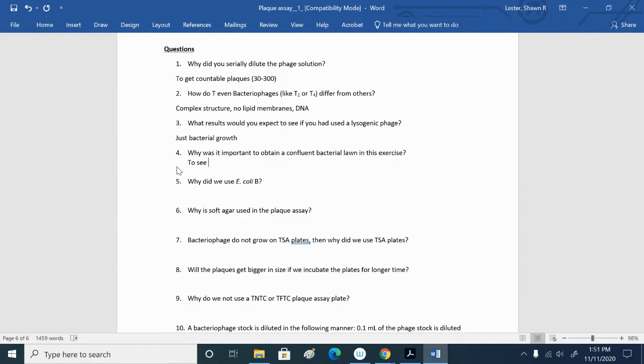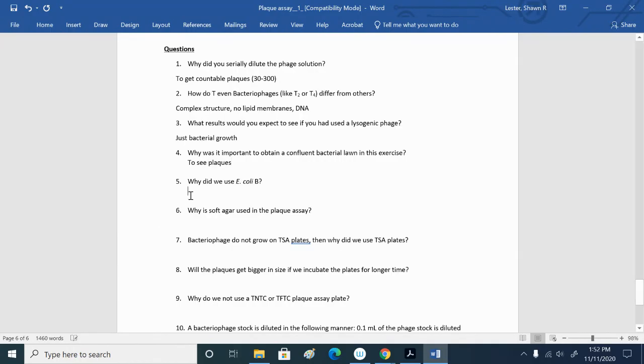To see the plaques. Because we don't want bare agar surface, because we're looking for plaques. So in order to see them, we have to have bacteria growing all across the entire surface.